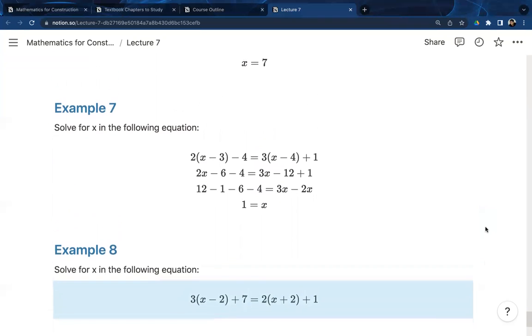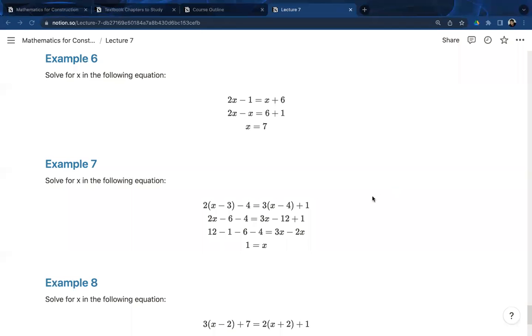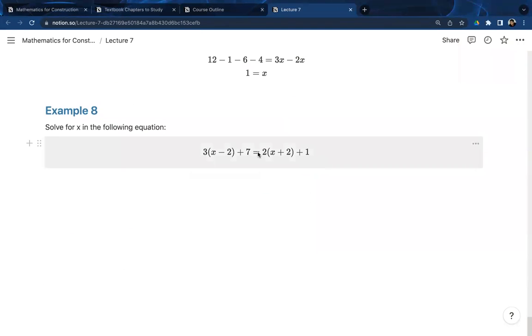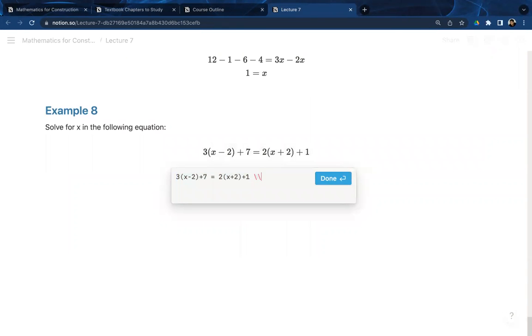So try working out example 8 here. So we could start again. You really want to expand 3x minus 3 to the 6 plus 7 is equal to, that's 2x plus 4 plus 1.